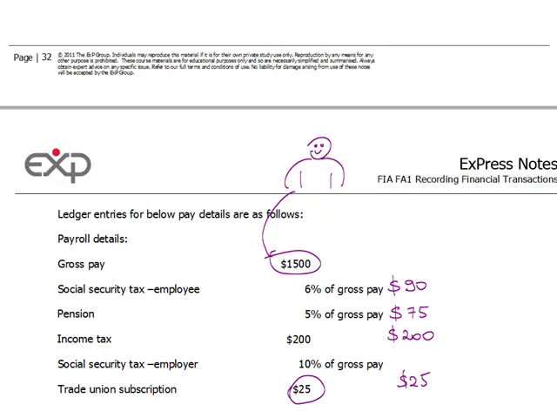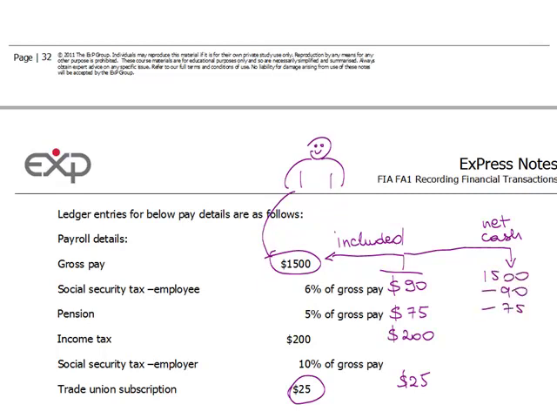Now, all these deductions are included. They're made from his gross salary. So if you see, his net salary taken cash is $1,500 minus 90 minus 75 minus 200 minus 25, which is $1,110.